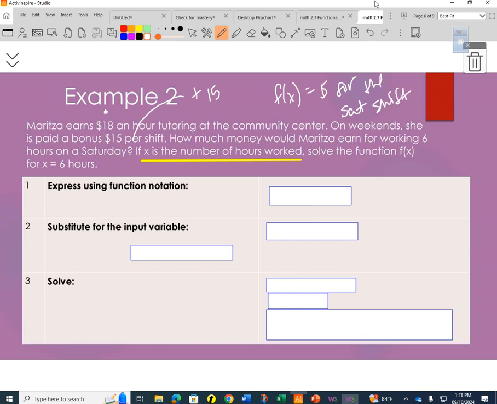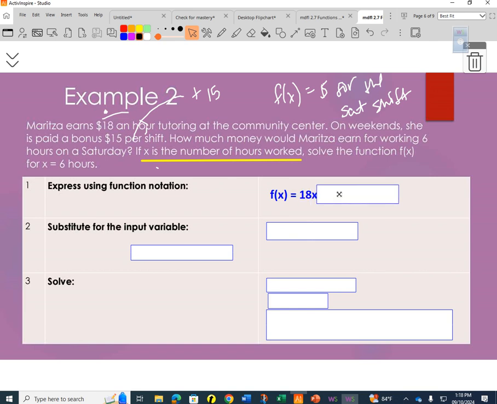That's the output. So here it says x is the number of hours worked, so $18 per hour, that's 18 times x. We start our function with f of x, because we're using the variable x. If we were saying h is the number of hours, then this would be f of h. Does that make sense? That letter doesn't really matter.